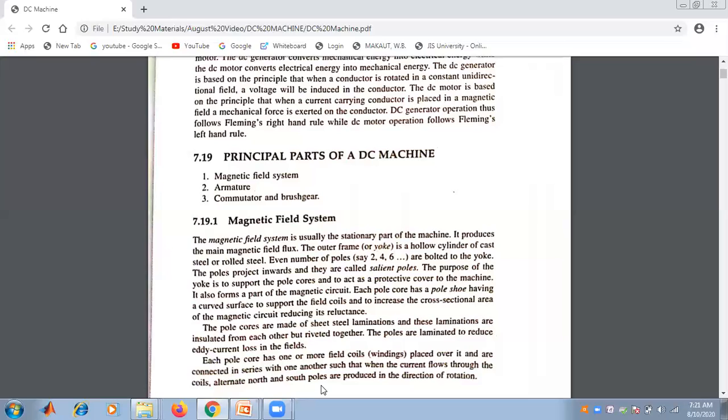Each pole core has a pole shoe having a curved surface to support the field coil and to increase the cross-sectional area of the magnetic circuit, reducing its reluctance.